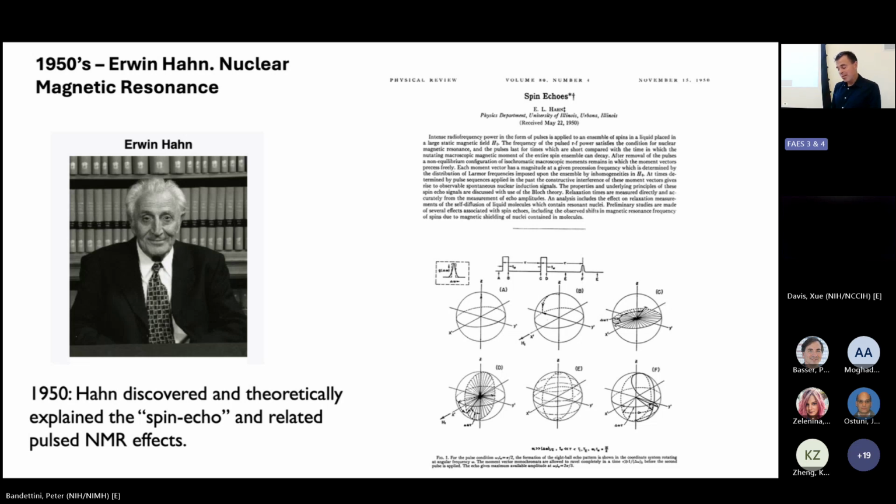That was essentially where you give an RF pulse to spins in a magnetic field that are precessing at a certain frequency, and they'll naturally dephase because the field inhomogeneities cause them to dephase, and so the signal runs out.